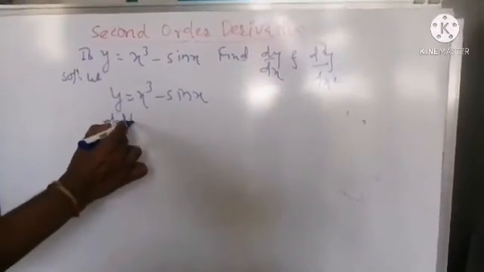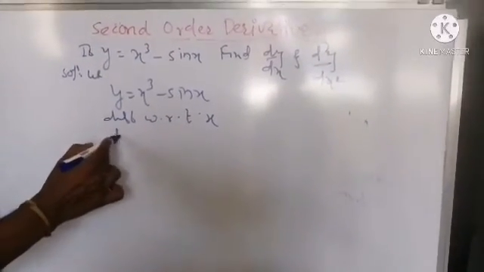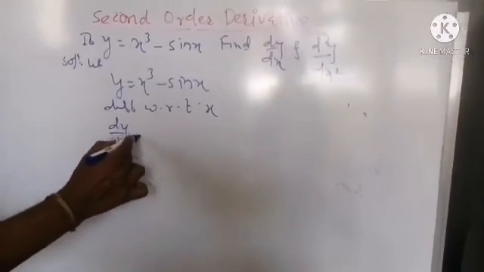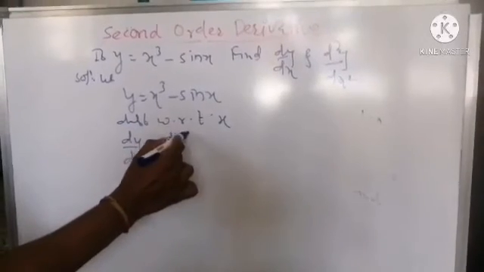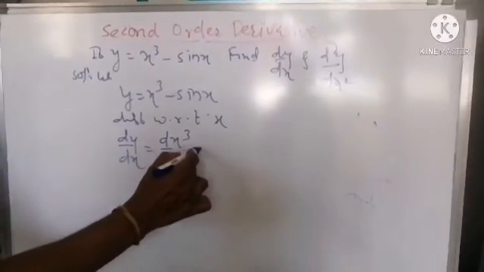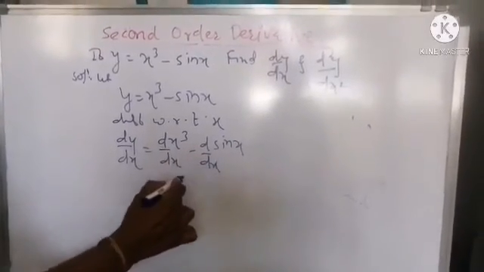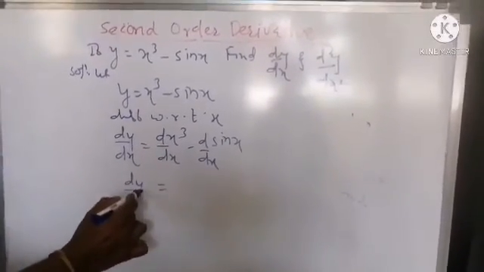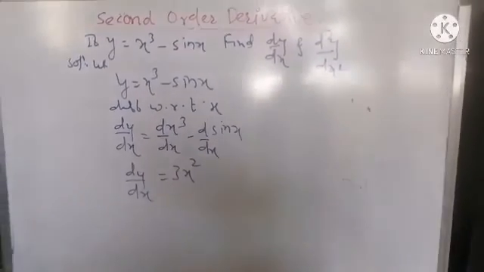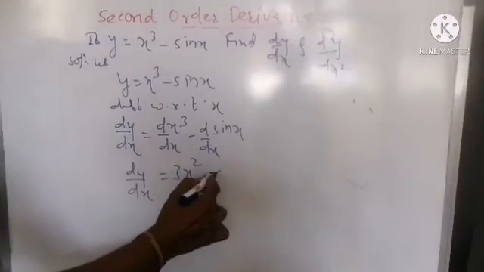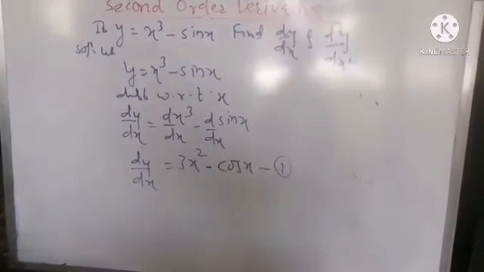We differentiate this with respect to x, then derivative of y is dy by dx. On right hand side, as a subtraction, we apply subtraction rule. First take derivative of first term x cube with respect to x minus derivative of second term sine of x with respect to x, and we get dy by dx. As this is a power function, power decreases by 1, minus derivative of sin x is always cos of x. This is dy by dx.